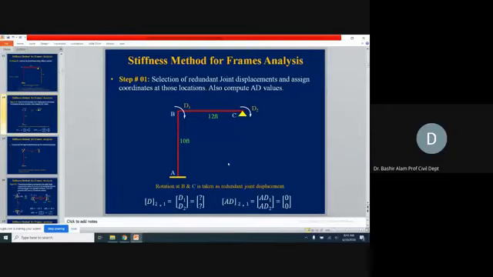Also compute the AD values. When you give them their labels, you are in a position to make the corresponding AD matrix. So the rotation at B, which is unknown, I am declaring as D1, and the rotation at C we are labeling as D2. So rotations at B and C are taken as redundant joint displacements.